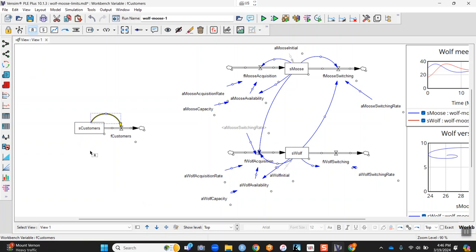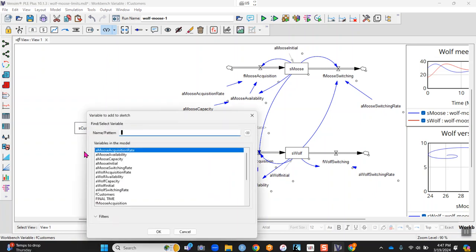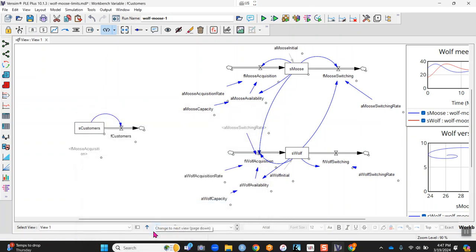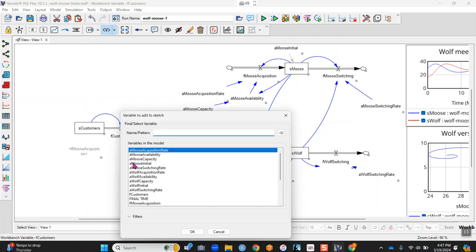Let's create an auxiliary, oh no, I don't want to do that. I want to put in a shadow variable. I just don't want to connect lines all over the place. And the first one will be the flow for moose acquisition. And the second one will be the flow for wolf acquisition.